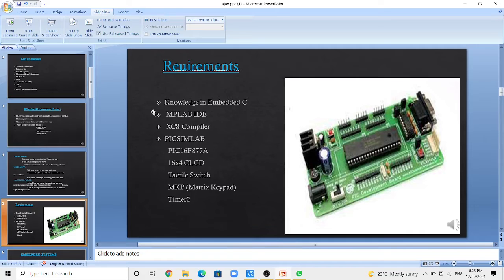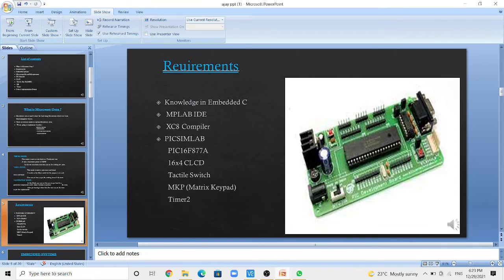In order to design this microwave oven, what are the requirements we have? So these are all the requirements. By using these requirements, we can design a microwave oven.